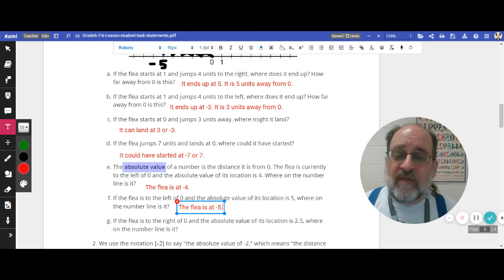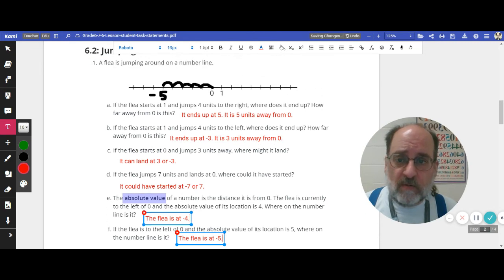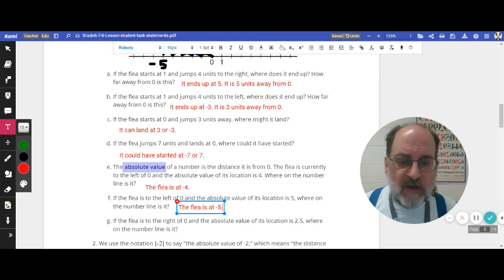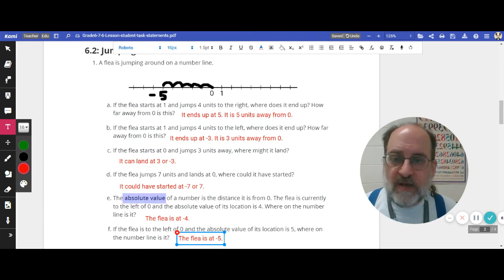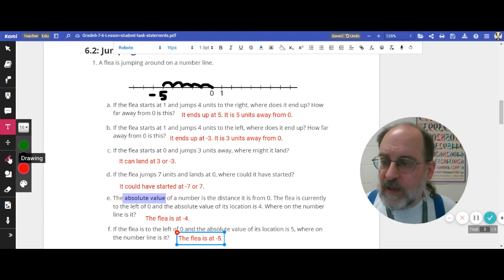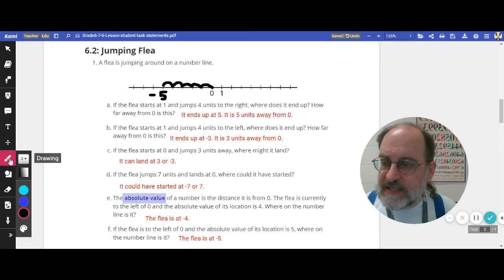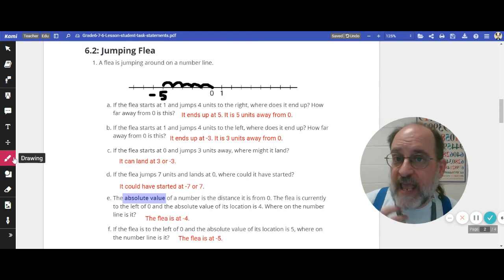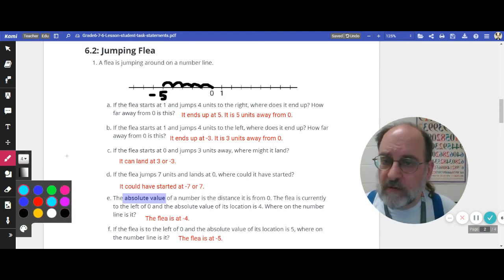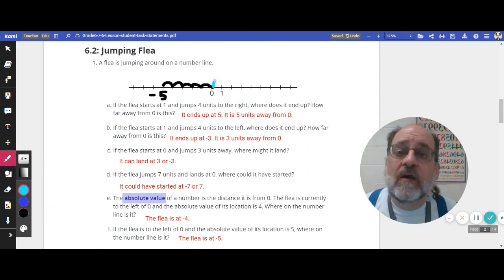All right. If the flea is to the right of 0, and the absolute value of its location is 2 and 5/10, where on the number line is it? Okay, so now the flea is over here, and this one's a slightly different problem because I've got a decimal, but I'm supposed to be moving 1, 2, and a half jump right there.